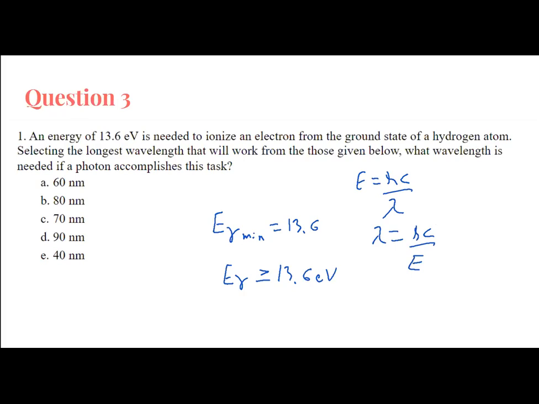You will have to either write the hc in electron volts or the energy in joules first to get the wavelength. 13.6 electron volts is about 13.6 times 1.6 times 10 to the negative 19, which is about 2.18 times 10 to the negative 18 joules. If you plug everything in, you should get about 94 nanometers.